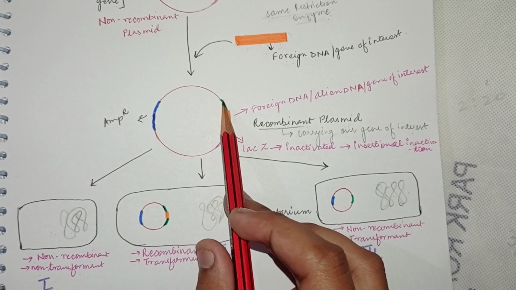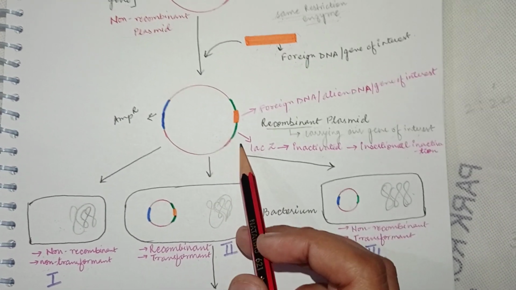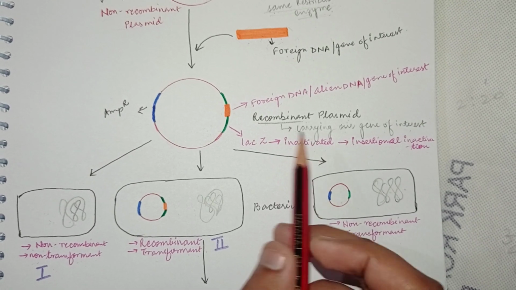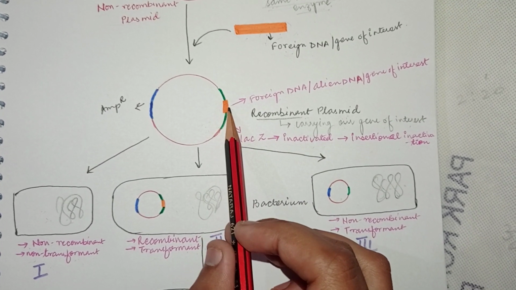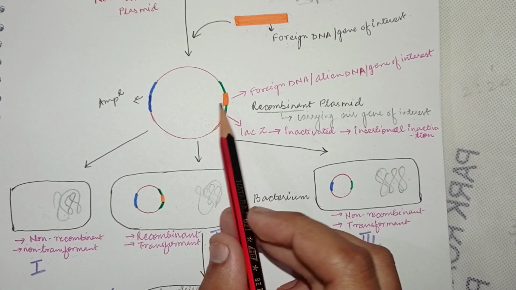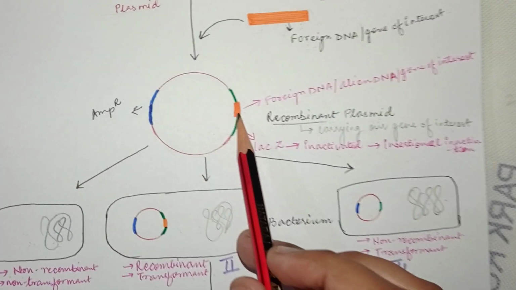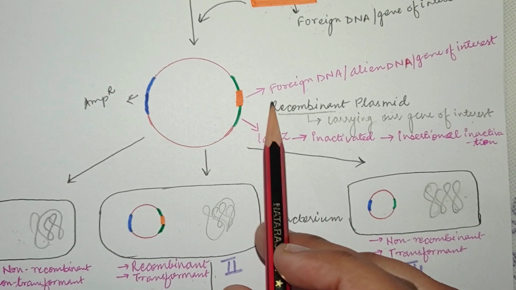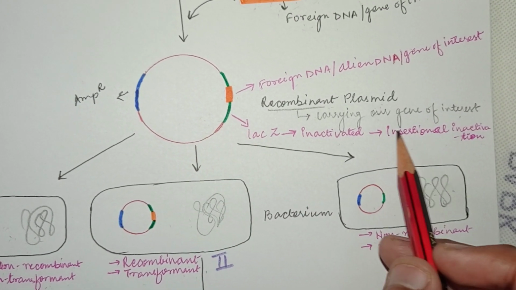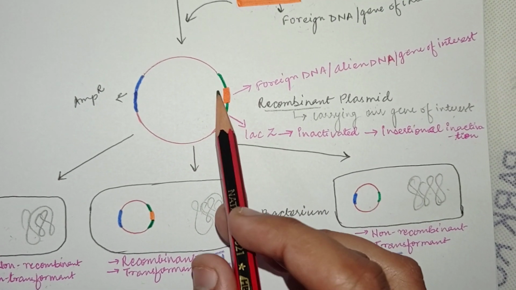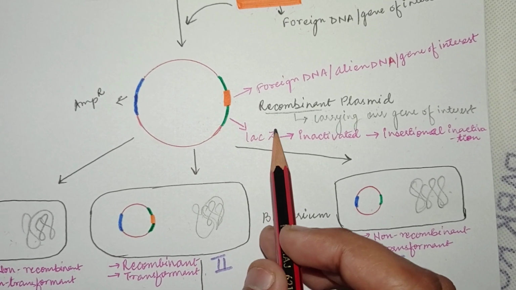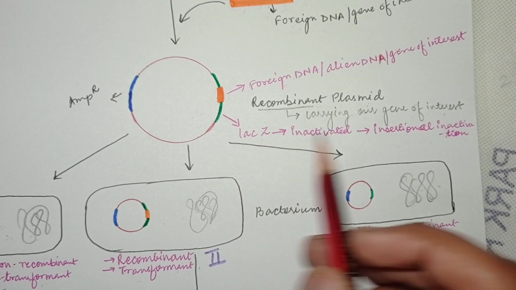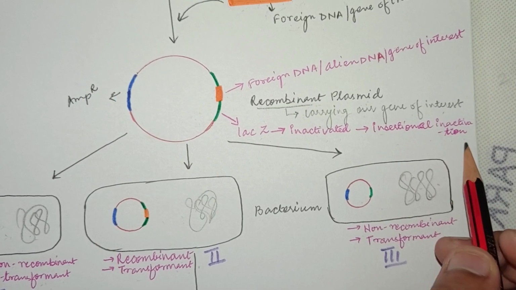Here the lacZ gene, which is in green color, is inactivated because our gene of interest has been added in between the lacZ gene, so it becomes an inactivated lacZ gene. So it becomes insertional inactivation.